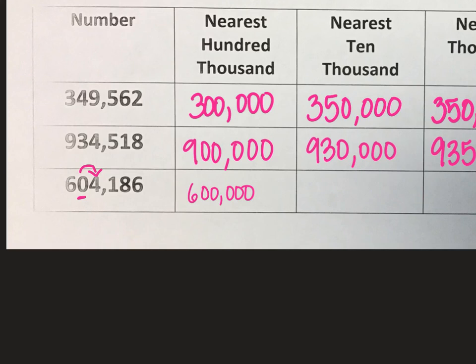What am I going to do? Let the 0 rest. Everything before that 0 stays the same. Everything after that 0 becomes a 0. So it's going to round to 600,000 again. So rounding to the nearest 100,000 and the nearest 10,000 is the same.